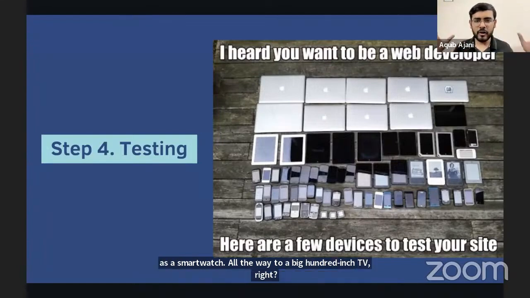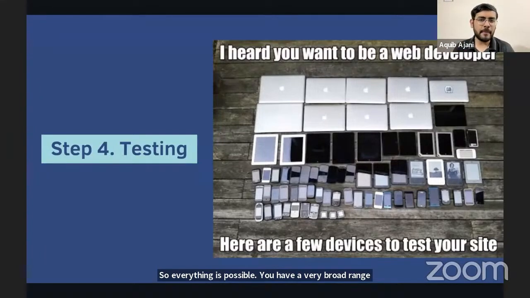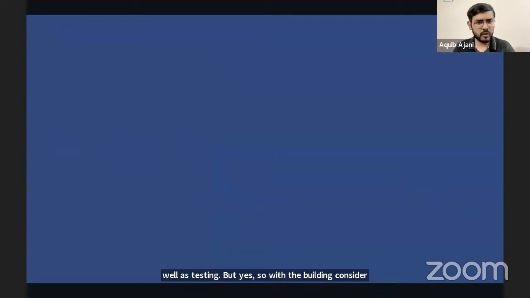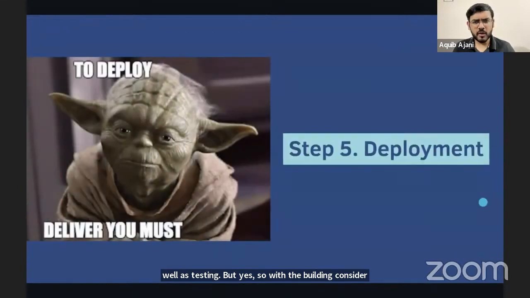You have a very broad range of devices. It's not like a mobile application curated for a mobile phone or designed specifically for a device, right? So that's the biggest challenge both in development as well as testing. But yes, we typically consider 3 to 4 different sizes while testing the website and also while developing. We have also discussed that. That is called responsiveness.